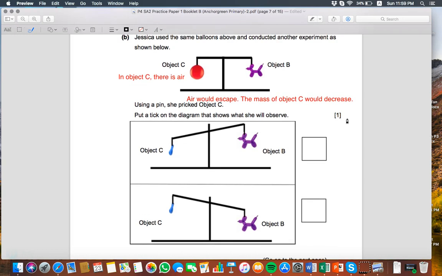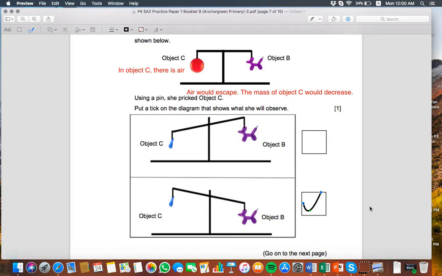So when the air escaped, B would now be heavier than C, so the balance will tilt towards object B. So the answer will be the second diagram. Can we move on? I will just stop at the last part of this question, question 35C.